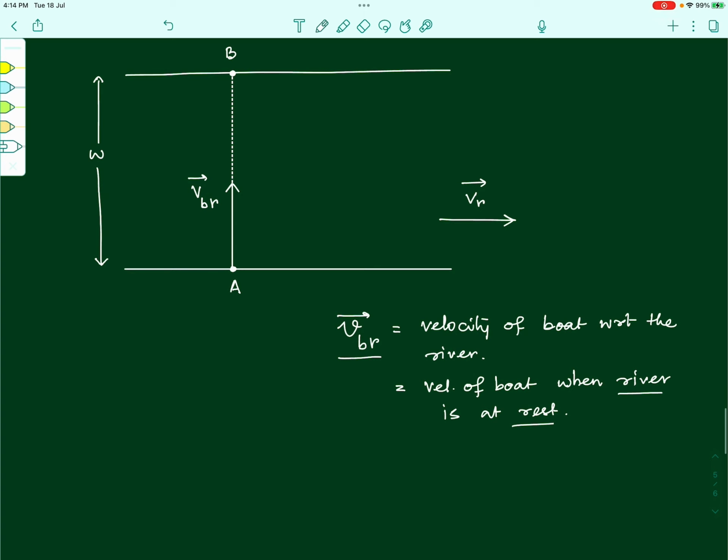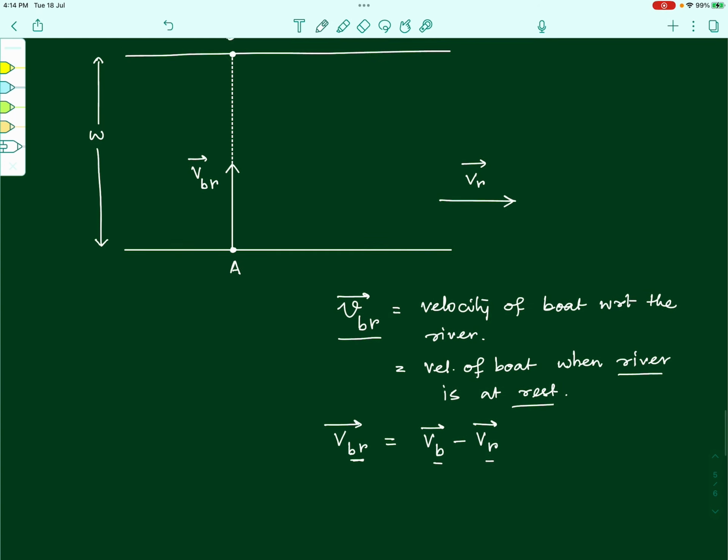So if you want to find out the actual direction in which the boat moves, we just need the definition of VBR. VBR mathematically is the velocity of the boat minus the velocity of the river. VB minus VR, this is what we understand from the basic definition of relative velocity, right?